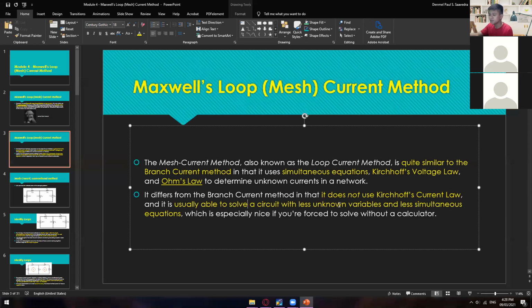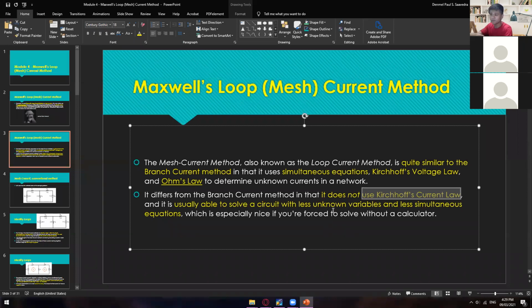The only difference between Kirchhoff's law and the Maxwell, or mesh current method, is that it does not use Kirchhoff's current law. Yes, we still use Kirchhoff's voltage law, KVL, but we don't use KCL anymore in Maxwell. If you use KCL, then that is not the mesh current method anymore.